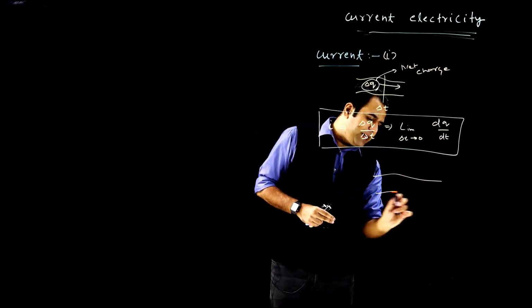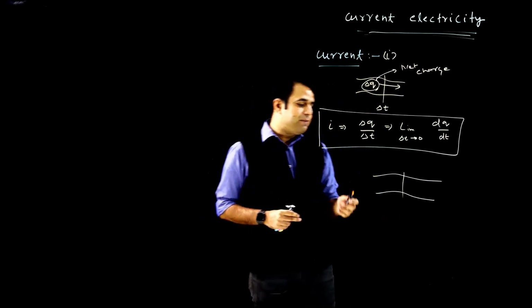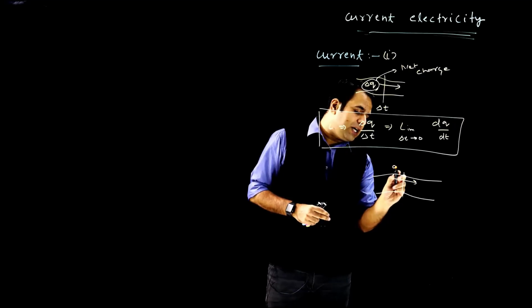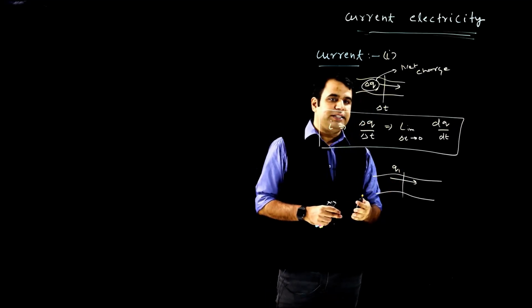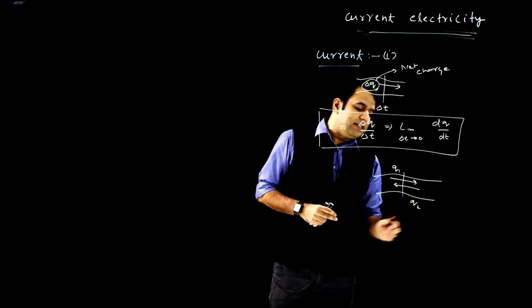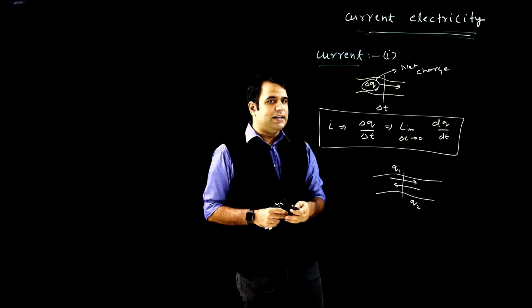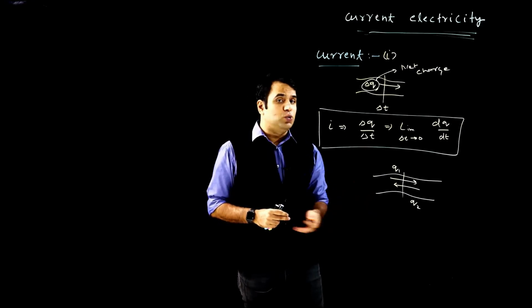The net charge means, let's say there is a cross-section area, and Q1 charge is crossing this cross-section area from left to right, and Q2 charge is crossing it from right to left. So this cross-section area is crossed by Q1 plus Q2 charge.